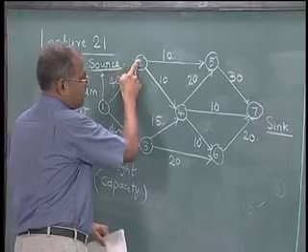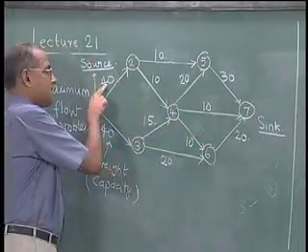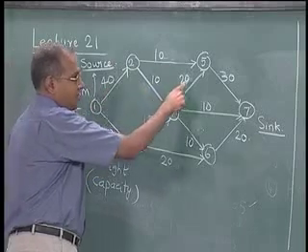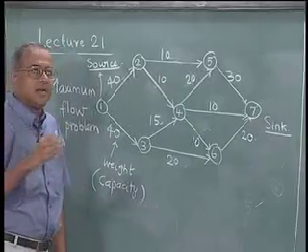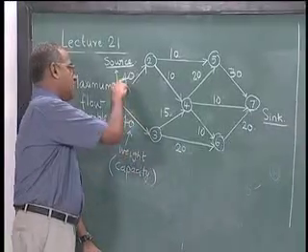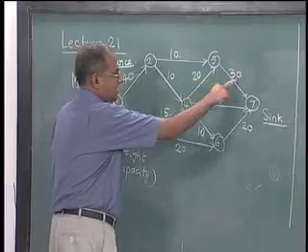Now, 1 to 2, 2 to 4, 4 to 5 and 5 to 7. This has a capacity of 40, this has 10, this has 20, this has 30. So, what we can send through that path is the minimum of the available capacities.